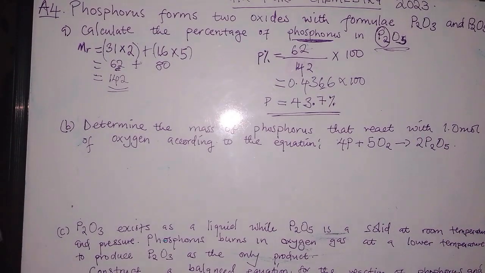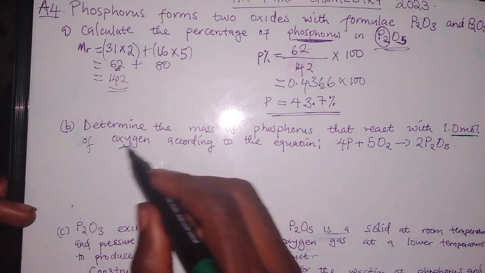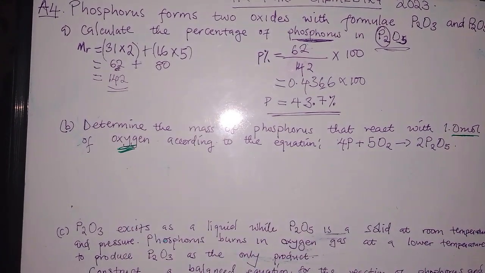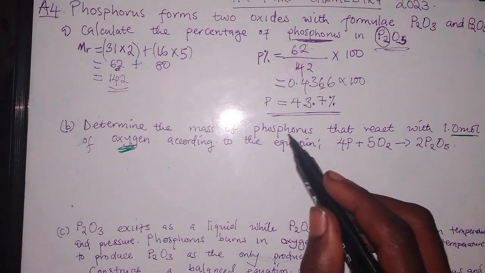Next you are going to compare the two substances, the one you have been given and the one you are calculating. In our question you have been given the moles of oxygen, and they are calculating the mass of phosphorus.